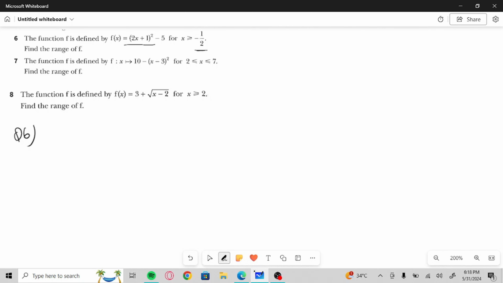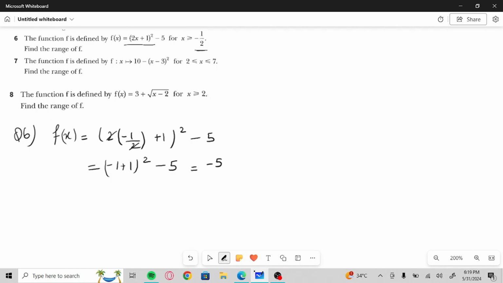So if you find the range of the function f, we are going to say f(x) is equal to 2 multiplied by negative 1 upon 2, plus 1, this is whole squared, minus 5, which will be equal to, the 2 can be cancelled out, minus 1 plus 1 whole squared minus 5, which is equal to 0 minus 5, which is negative 5.